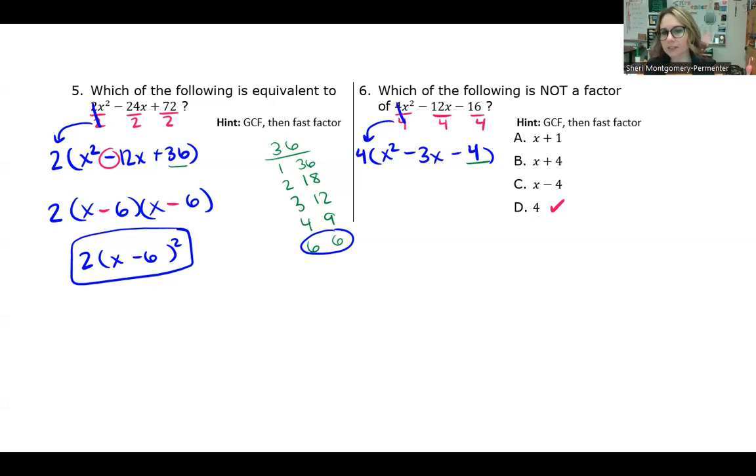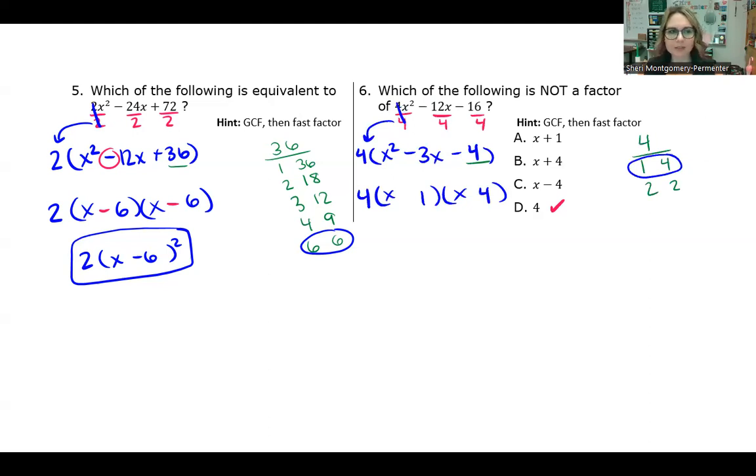I have to find factors of 4, things that can multiply to give me 4. So 1 and 4, 2 and 2. When I get my factors ready, I've got 2 sets of parentheses and they both have an X. Which factor pair can I put together to make 3? 1 and 4.